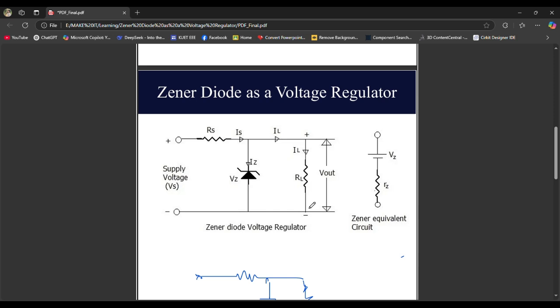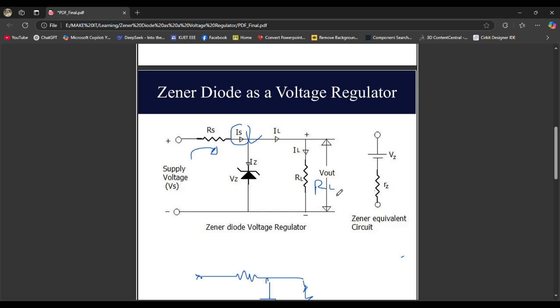So if we vary the load, IL will vary also, but the supply current Is won't vary, because the supply will see that the output voltage is constant. That means no resistance is changing, because the output voltage is constant, so it won't inject any extra current into the circuit. That means Is is constant.